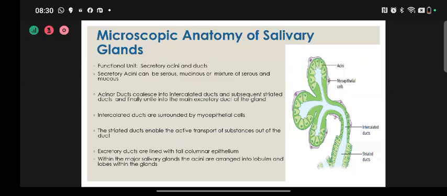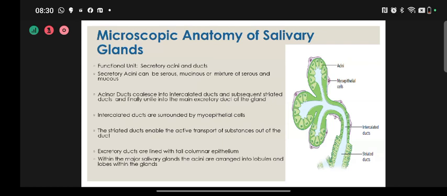The acinar ducts coalesce to form the intercalated ducts, which subsequently unite to form the striated ducts, and these striated ducts finally unite to form the main excretory duct of the gland.